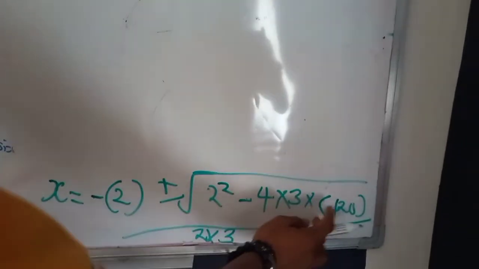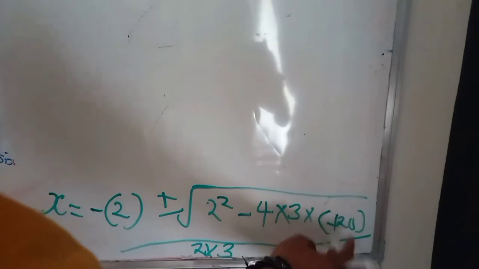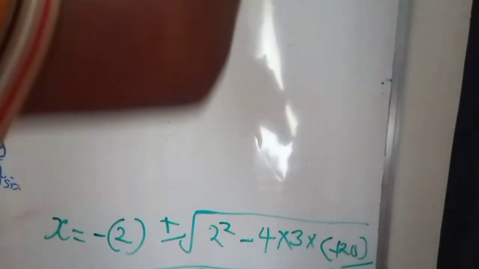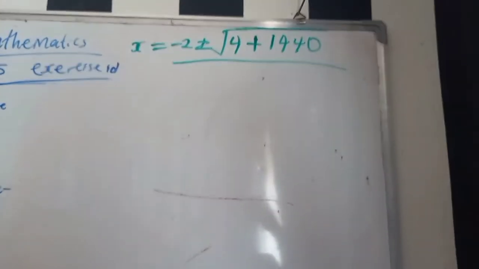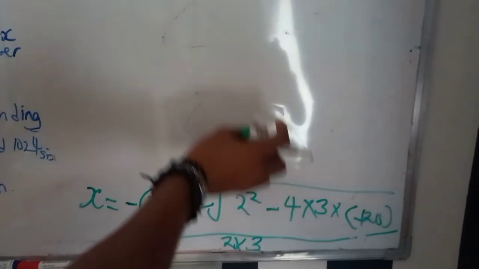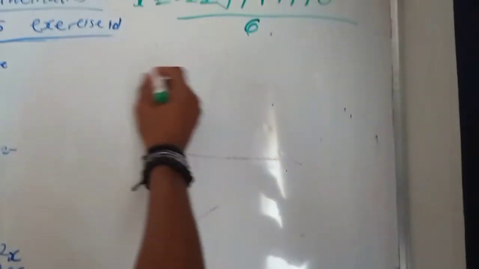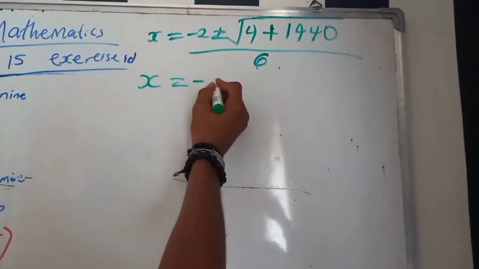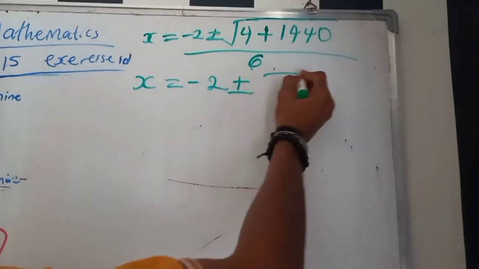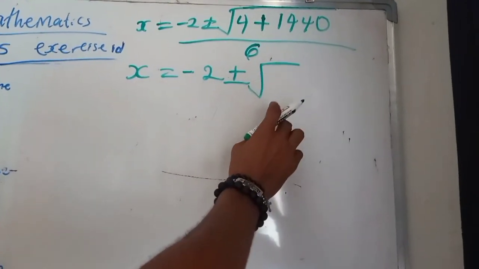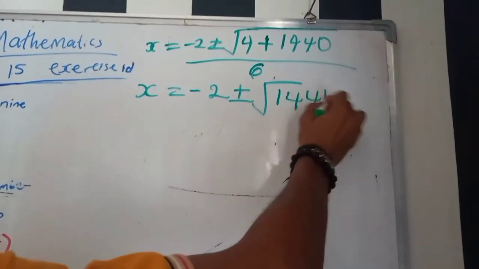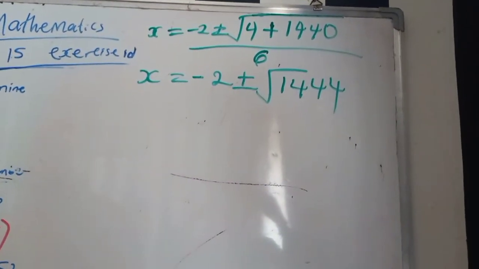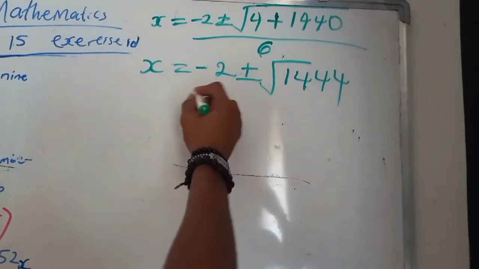Minus 12 times minus 120 is plus 1440. Over 2 times 3, which is 6. So x equals minus 2 plus or minus the square root of 4 plus 1440, which is 1444, over 6.